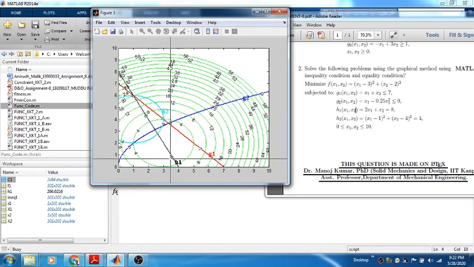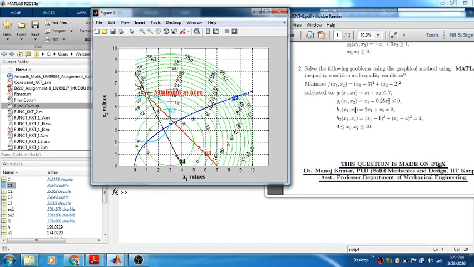You can see the solution must lie here, on H1 and H2. So what will the feasible region be? The feasible region will be these things. You can see it, and this is where the minimum is taking place.